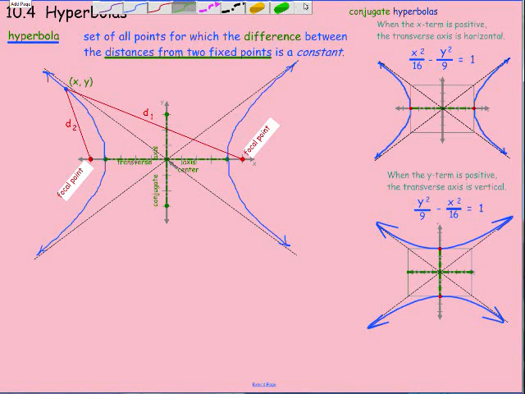All right, so let's summarize. The geometric definition for a hyperbola: set of all points for which the difference between the distances from the focal points is a constant. And we have all the parts here, right? We have the transverse axis with the vertices at either end.